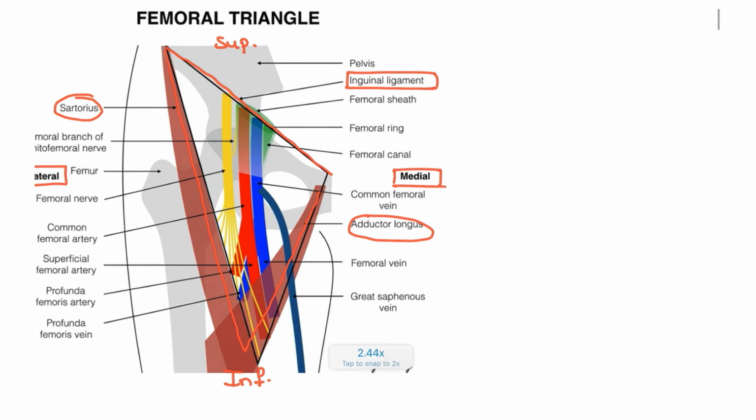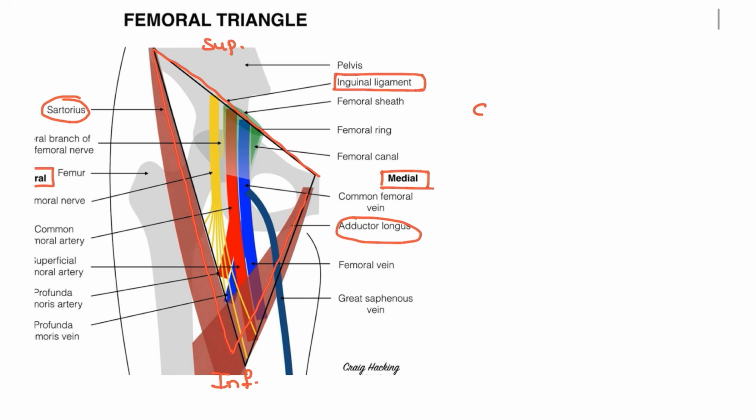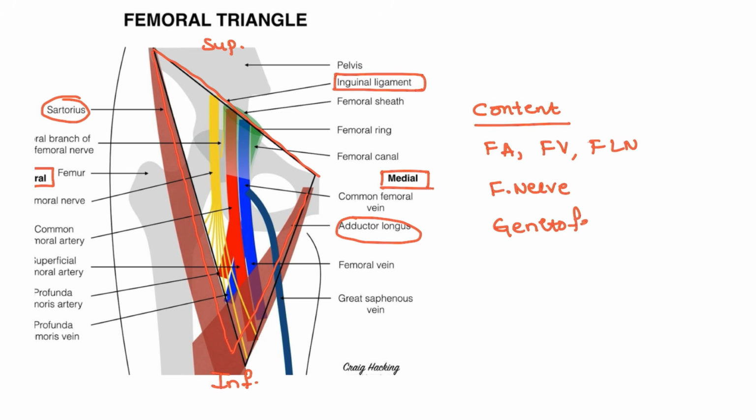And what about the contents? When it comes to the contents of the femoral triangle, the first thing to remember is that there will be the femoral artery, the femoral vein and femoral lymph nodes, and also the femoral nerve. Along with that, there is the genitofemoral nerve.